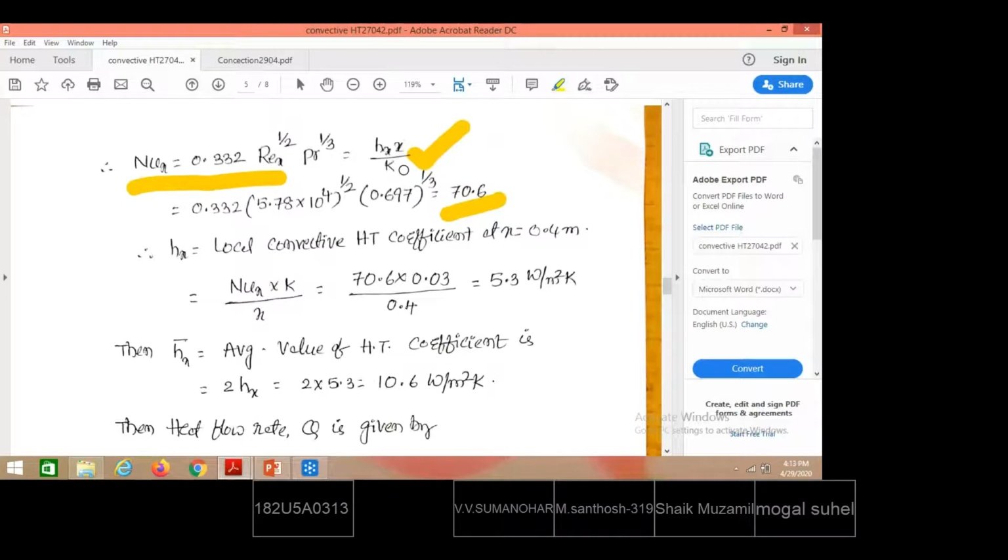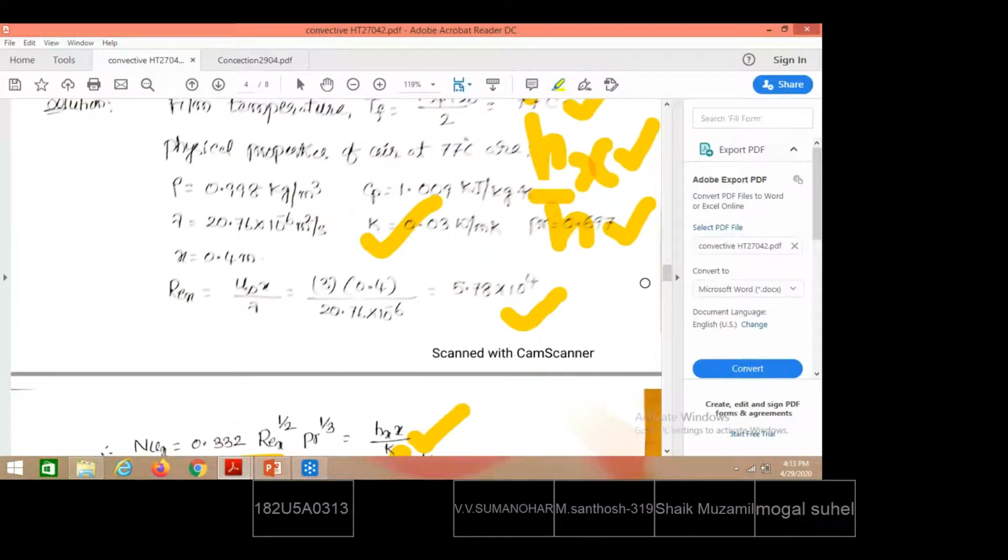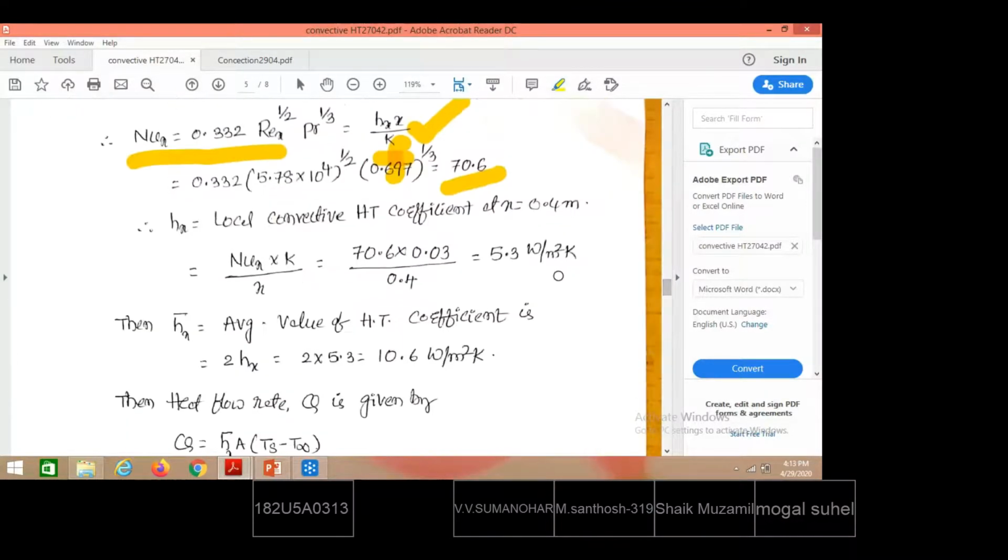This is the fluid thermal conductivity, taken at the film temperature, 0.03 as it is, substituted. So with everything, the local heat transfer coefficient is calculated as 5.3 watt per meter square Kelvin.